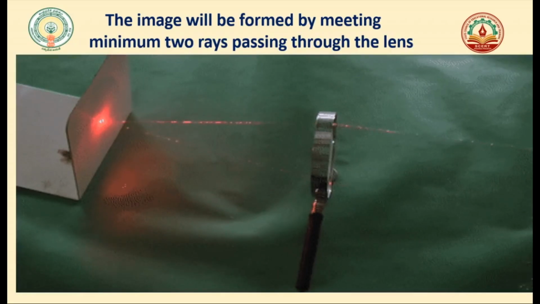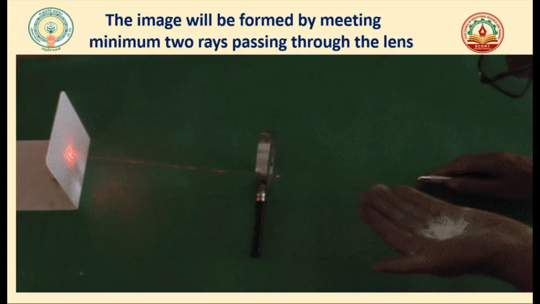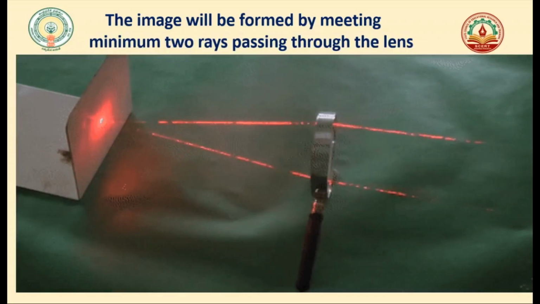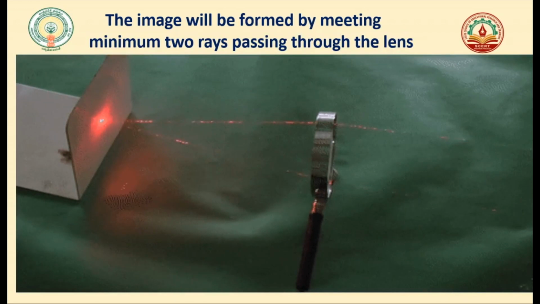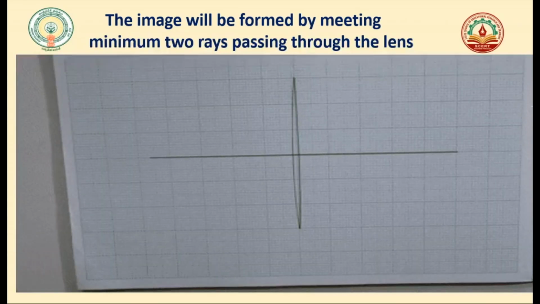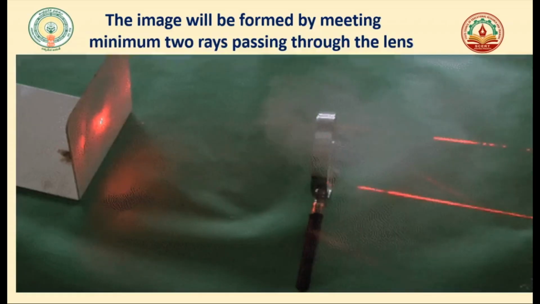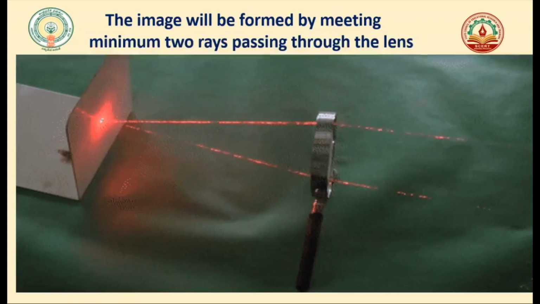So we have to give the clarity that only convex lens, since it is a converging lens, can form real images. But in the concave lens, no real images will be formed, only virtual images will be formed, since convex lens is a converging lens and concave lens is a diverging lens.